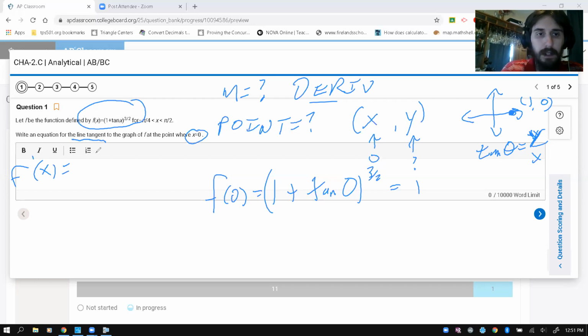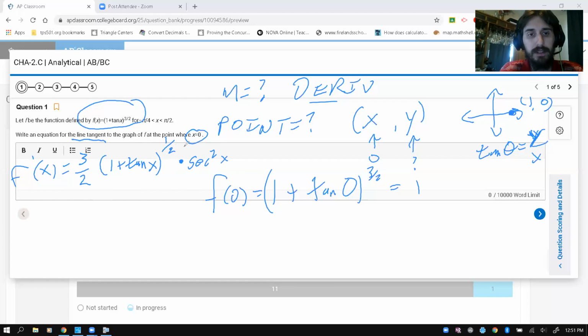I take the power and I move it out in front, leave the inside the same, and then I subtract 1 from the power. 3/2 minus 1 is 1/2. And then I'm going to multiply that by the derivative of the inside function. The derivative of 1 is 0. The derivative of tangent is secant squared. So my derivative is 3/2 times 1 plus tangent of x to the 1/2 power times secant squared.